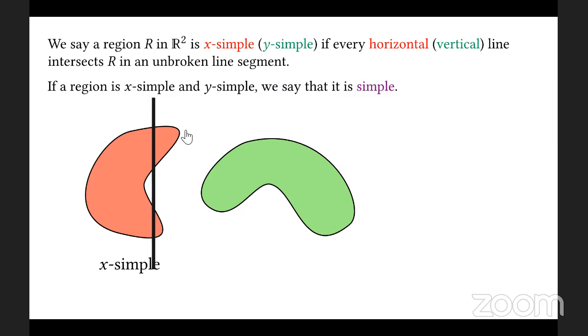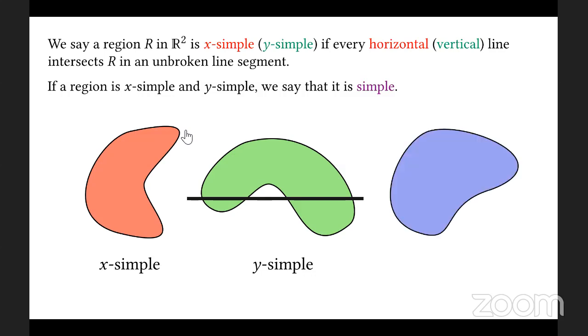Okay, what about this one? This time it looks like it is y simple, but it is not x simple, right? So that one is y simple.